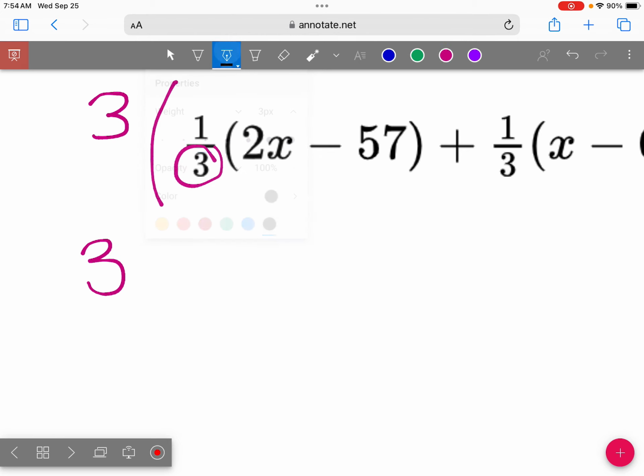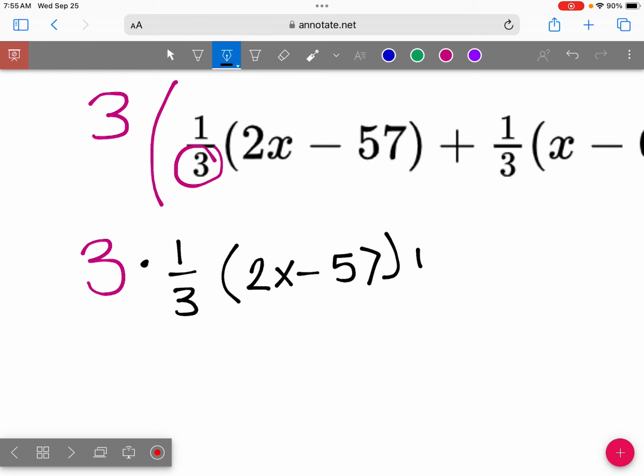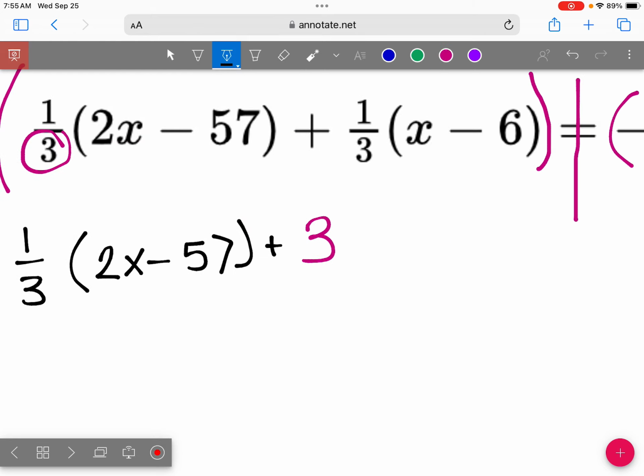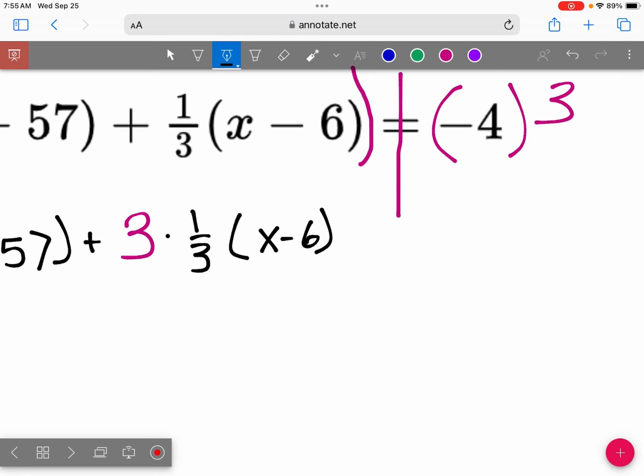I'm going to have 3 times my 1/3, this dude, 2x minus 57, and 3 times my 1/3 x minus 6. And we want to know when that equals -4 times 3. What is -4 times 3? Negative what? 12.